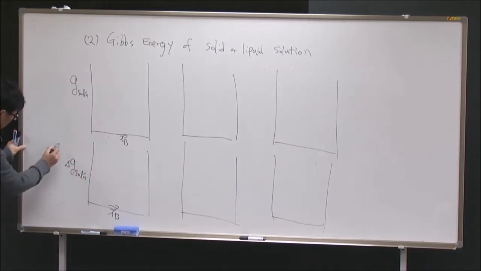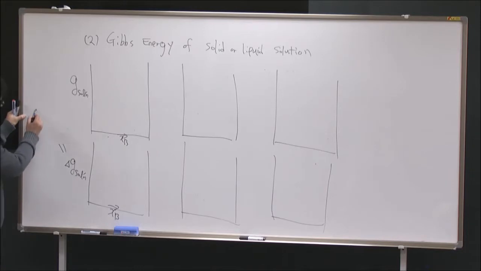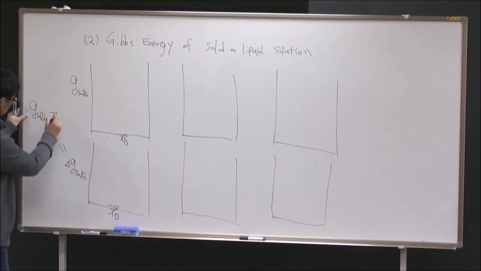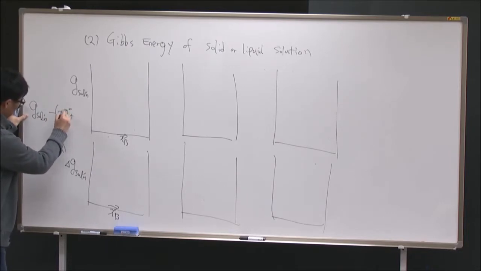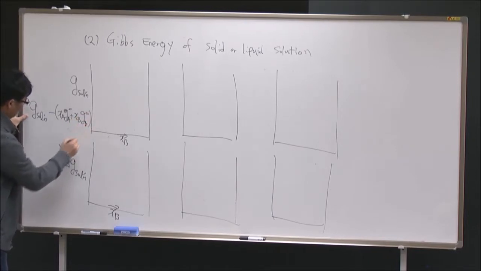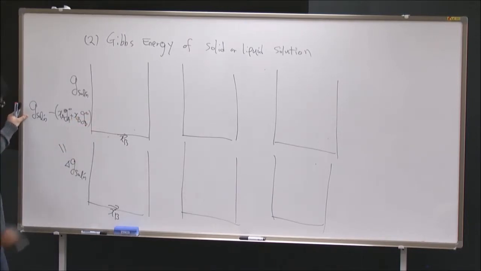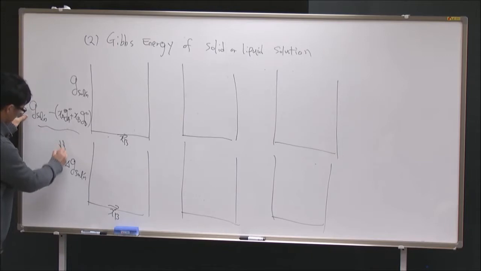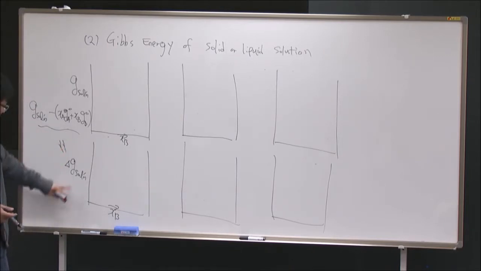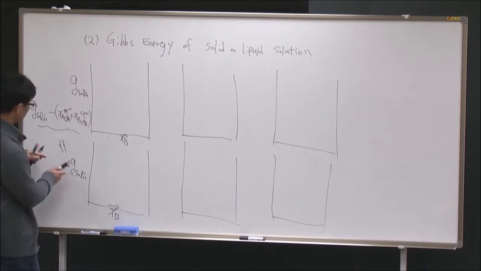When I say delta G of solution, it means G of solution minus XA GA pure minus XB GB pure. So it's the mechanical mixing part removed, which I call delta G of mixing, the Gibbs energy of mixing, basically.